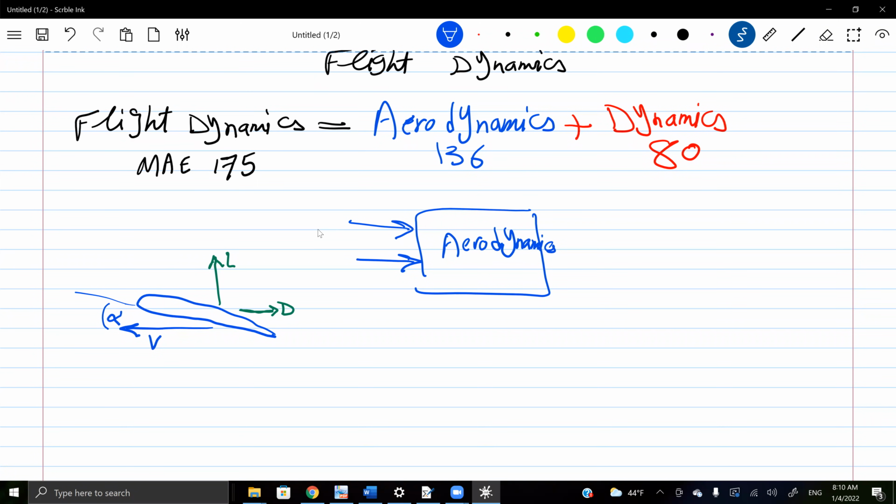What is given in your opinion? Any suggestions, even if you have not taken aerodynamics? Given this picture, what should be given from an engineering point of view? What should be required? Maybe the fluid velocity. Yeah, great.